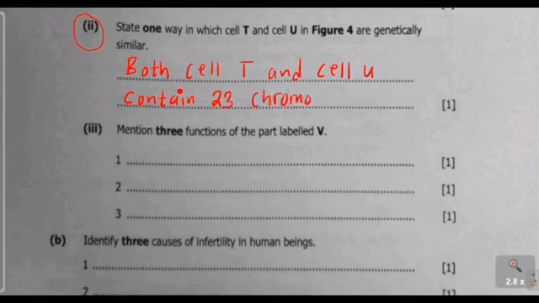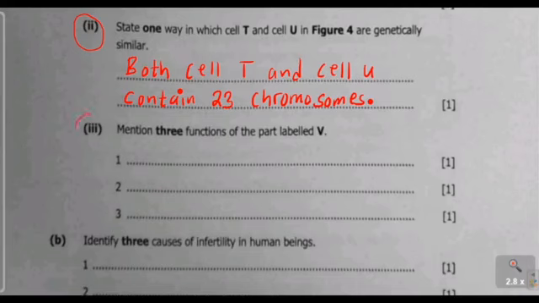Okay, so that is how they are genetically similar. So meaning that the sperm cell will contribute 23 chromosomes and the egg cell will also contribute 23 chromosomes. So the human fetus now, since it has received from the sperm cell and the ovum, is going to contain 46 what? Chromosomes. So we have answered our question 2.